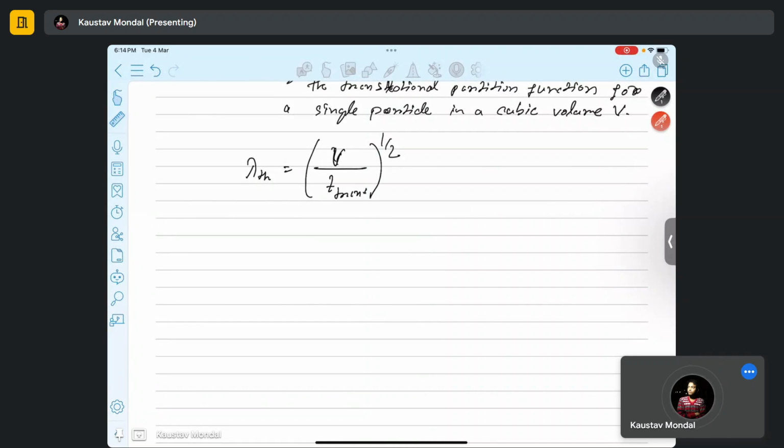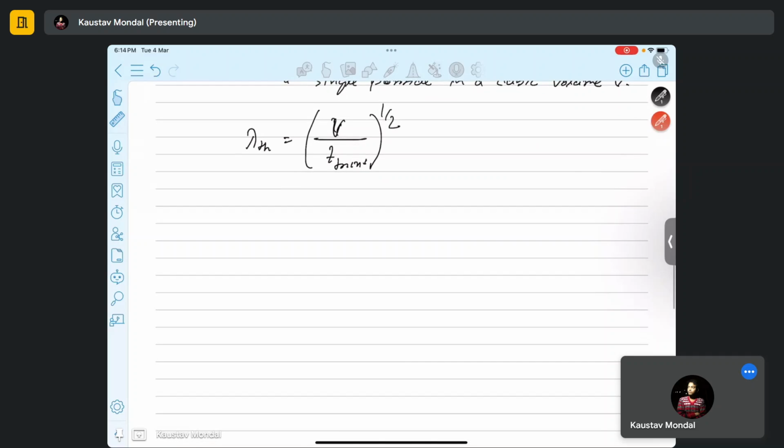Z trans is given as 8 into 10 to the power 33, V is 0.064 meter cube.